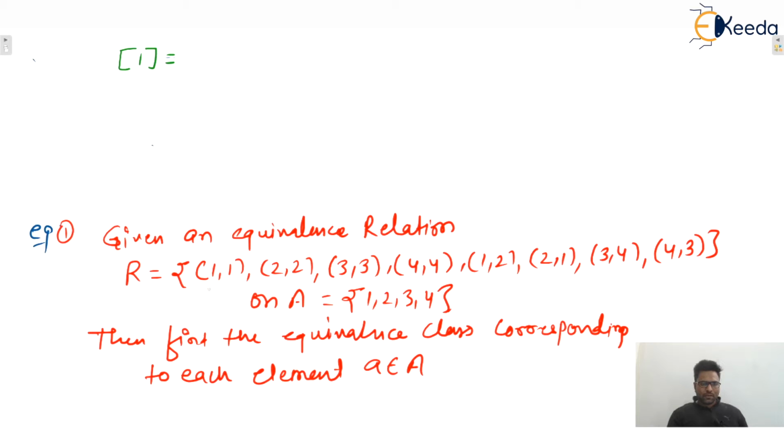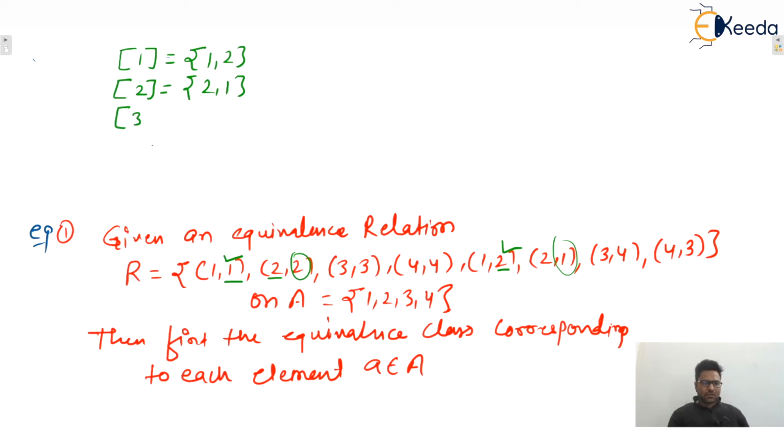Here 1 is related with 1 and 1 is related with 2. So these y values will be the answer: {1, 2} is the equivalence class of 1. Similarly, the equivalence class of 2: 2 is related with 2 as well as 2 is related with 1. So again {2, 1} is the equivalence class of 2.